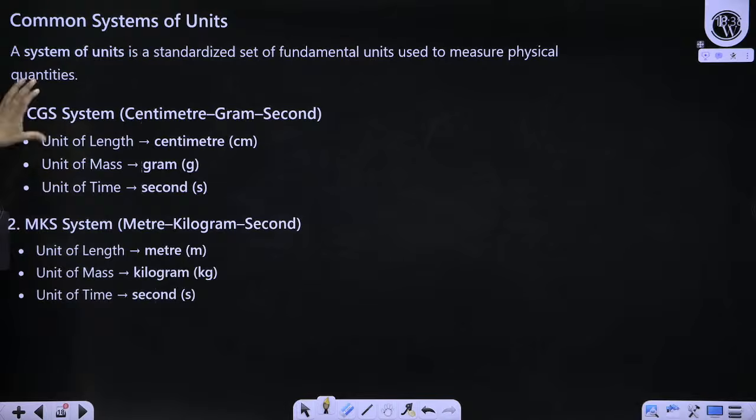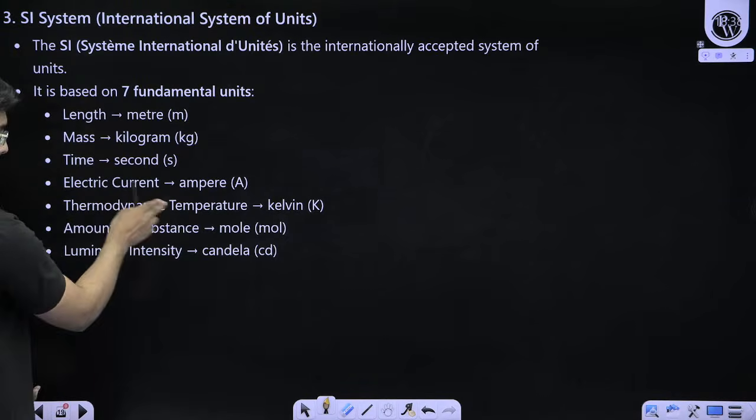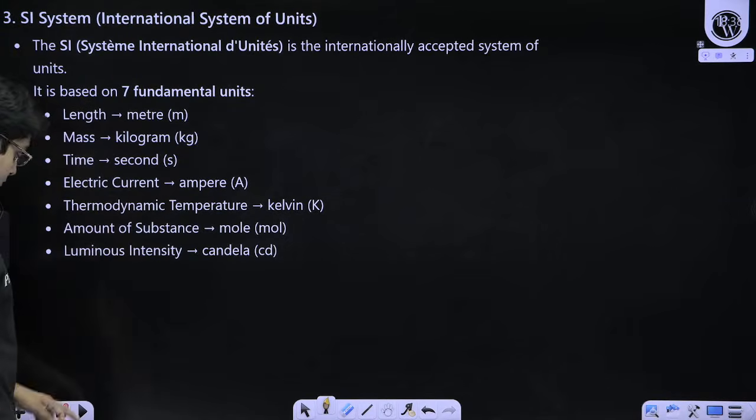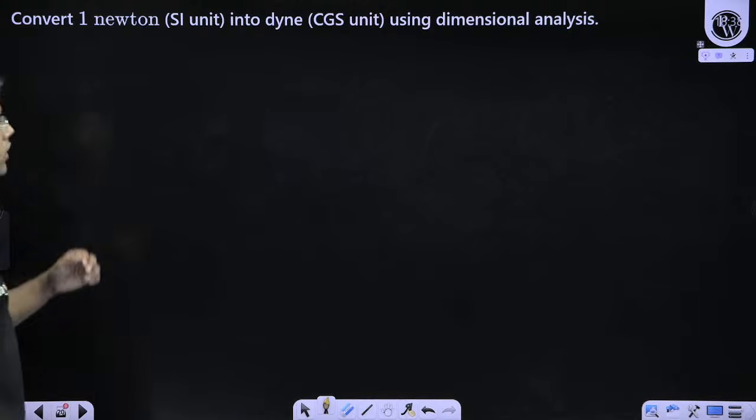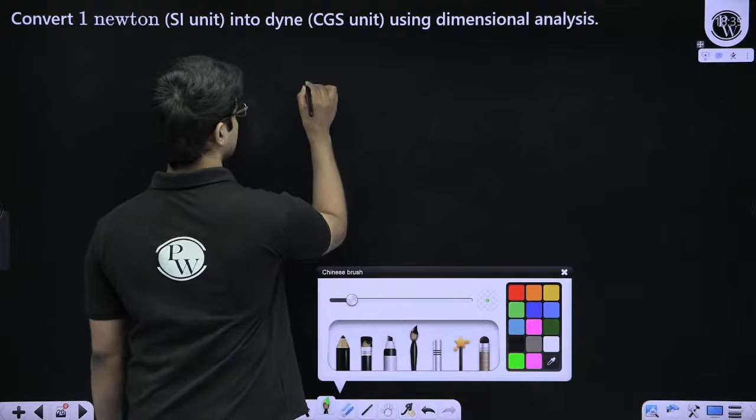This we already covered: in the CGS system, these are the units of the quantities; in the MKS system, these are the ones; and in the SI system, these are the units. Now let's do this example. We have to convert 1 Newton.